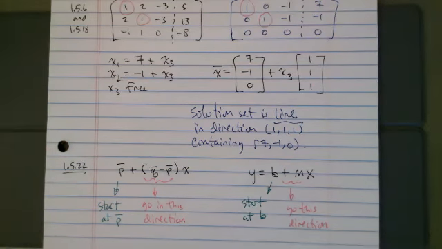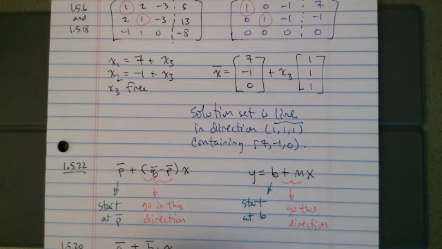In 20, we want the line through A parallel to B. So we just want A plus B times x.